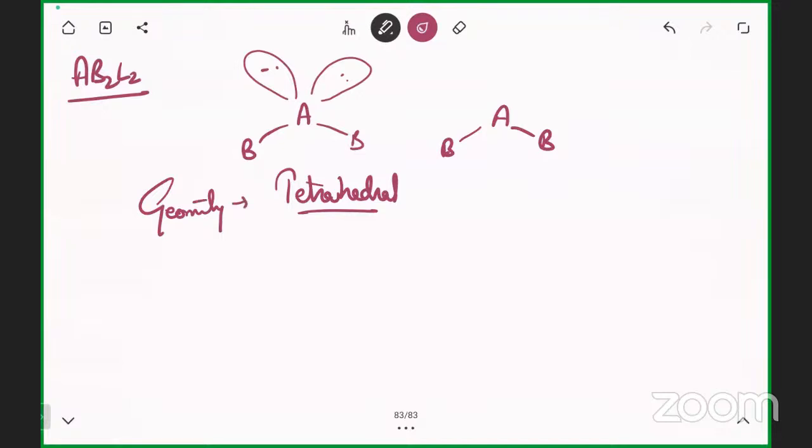But if I remove the lone pair and do not consider it, it will be a bent shape, or you can say V-shaped.